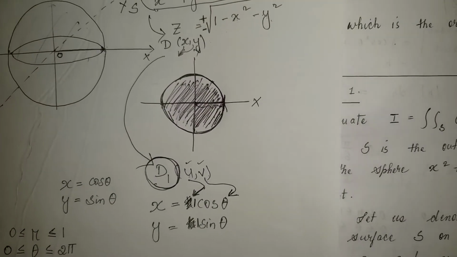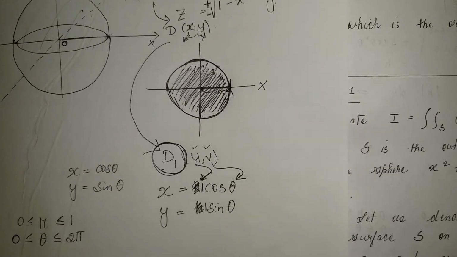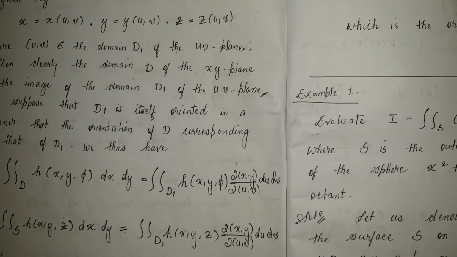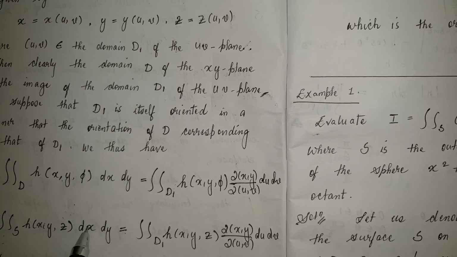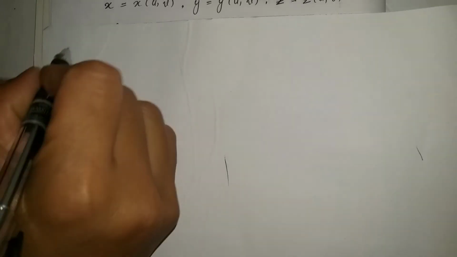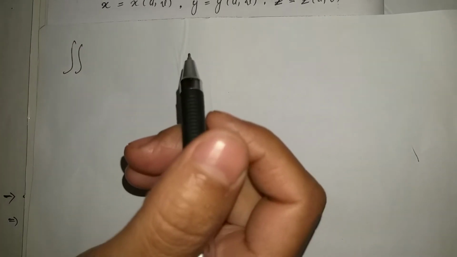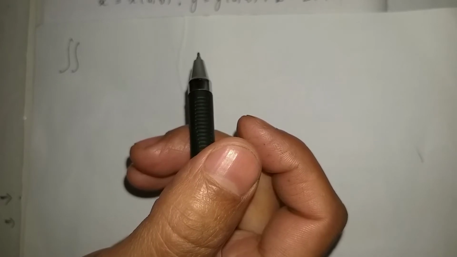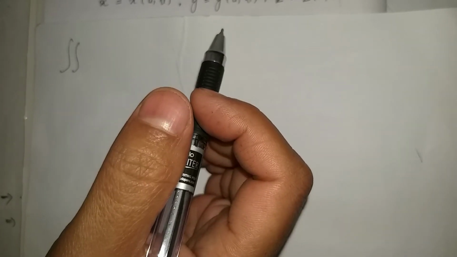Now, have a look here. Here it is with respect to x and y. It means dx dy, you change it to du dv. Similarly, let me write. If we want to project the surface in the xy plane, we have this.